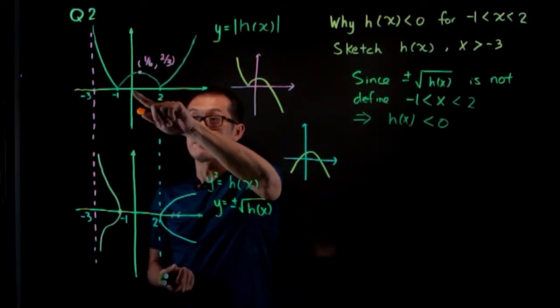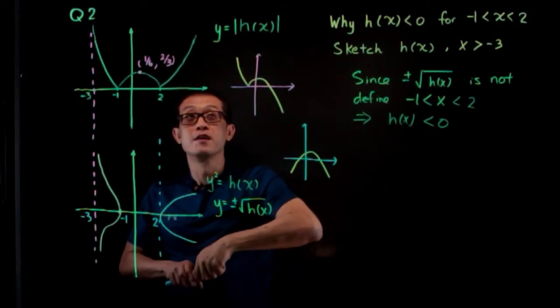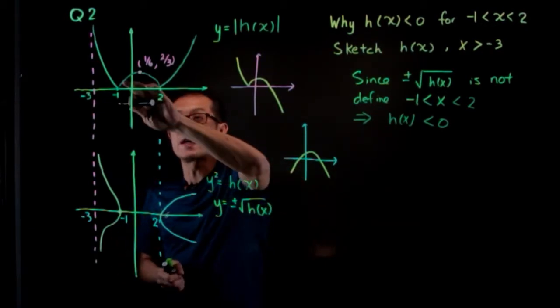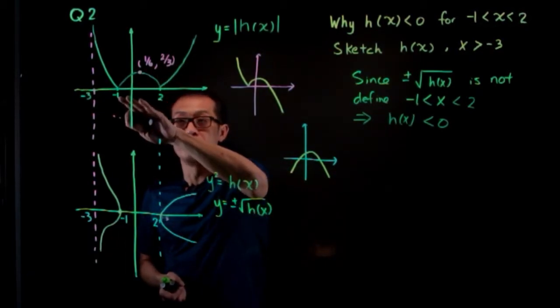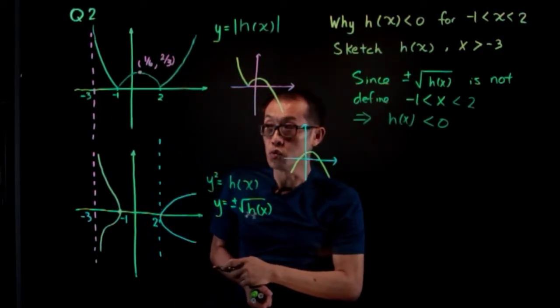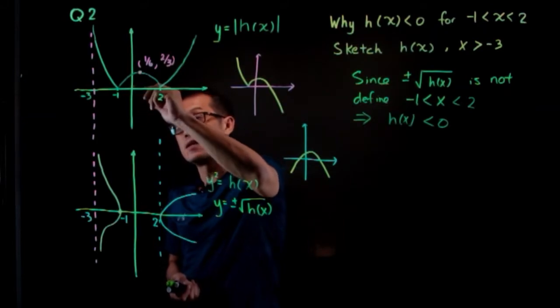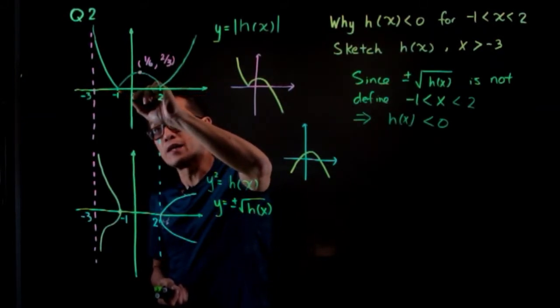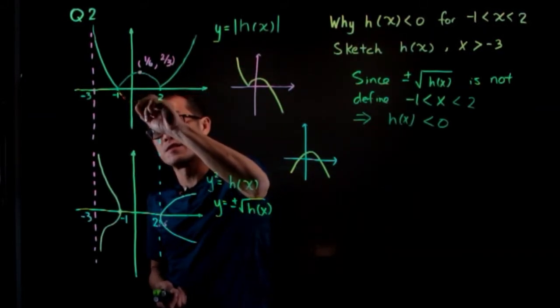Look at this graph. We know that this part is negative for values between minus 1 and 2, and so this part of the graph should be like that for h of x.